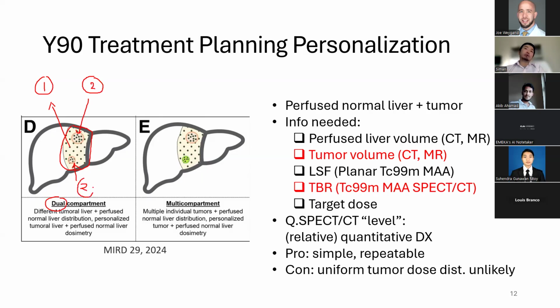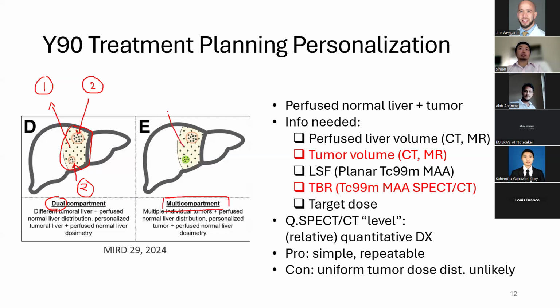So, in other words, you assume a uniform distribution in the perfused volume. And even though there are two tumors here, you assume that both tumors have exactly the same uniform distribution as well. So there's only volume 1 and 2. There's only two, and it's called a dual compartmental model. And if you increase the realism again, it's called multi-compartment.